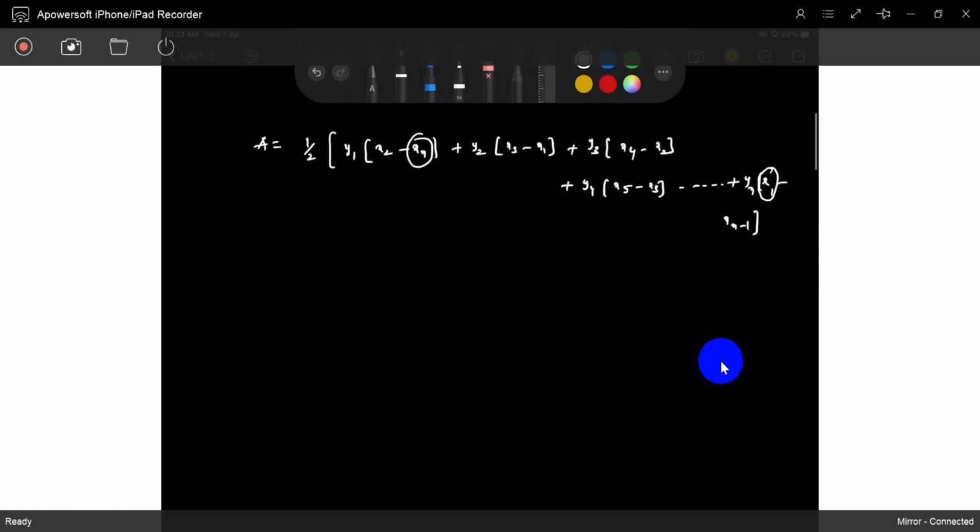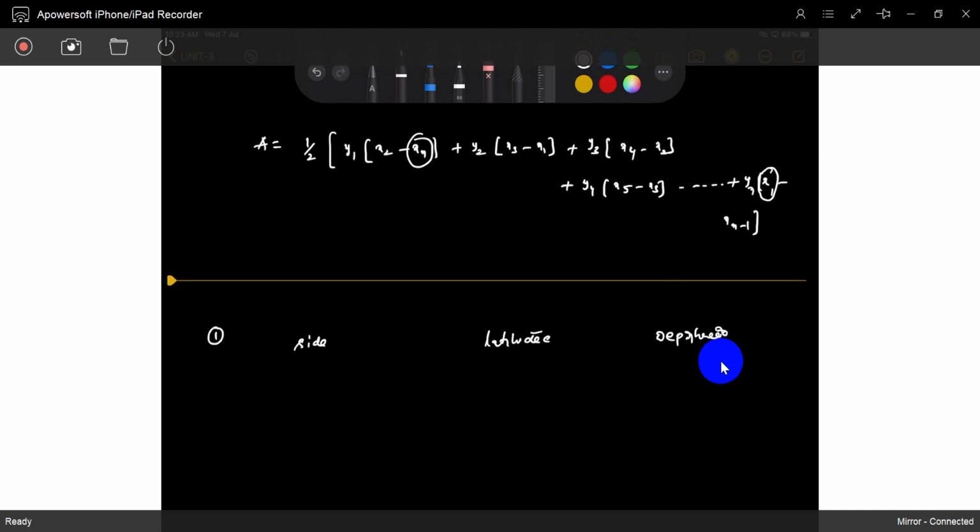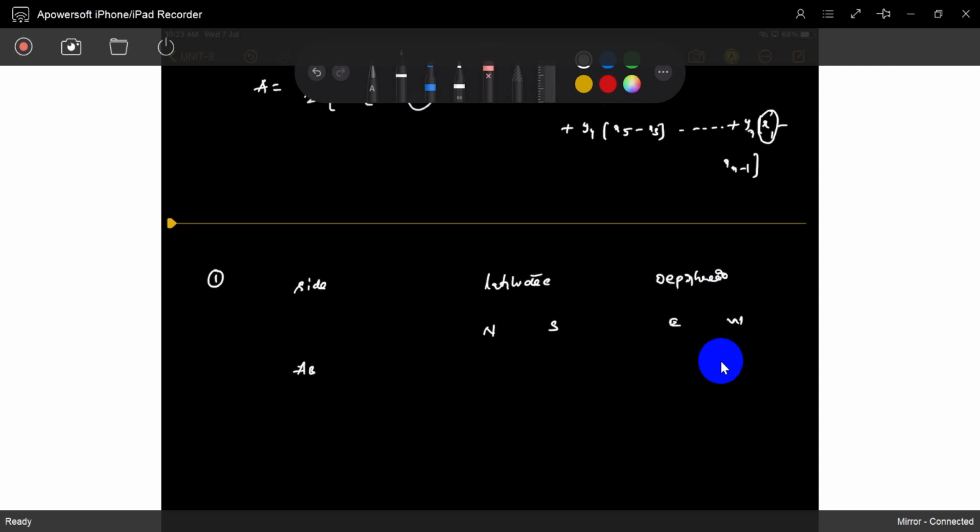So see this yesterday's problem. Side, latitude, departure. So AB is north, south, east, west. AB is north 108, east 4.